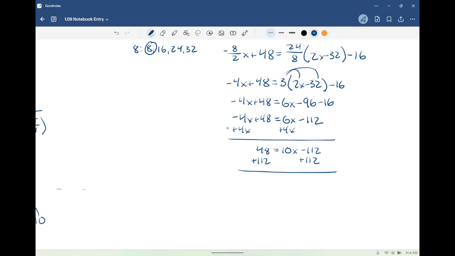Because I have 10x on that side, I now have to add 112 to get the constant out of there. I'm going to have 160 is equal to 10x. Then you divide both sides by 10 because it's our coefficient. 160 divided by 10, what should we get, Camry? 16. So x is equal to 16.